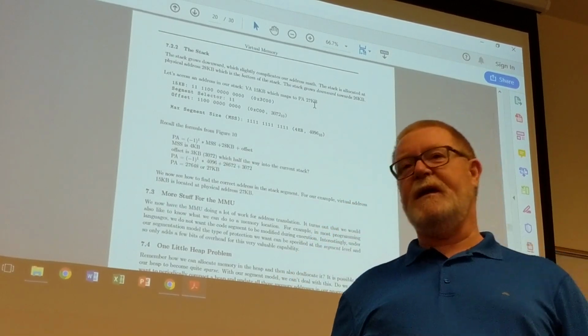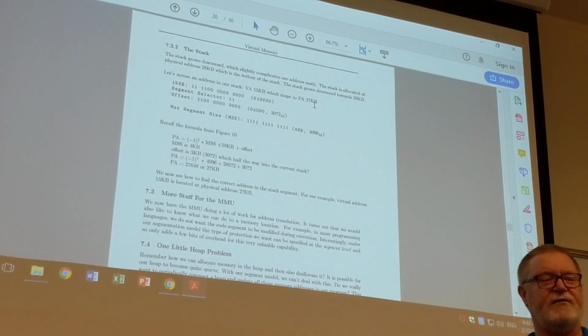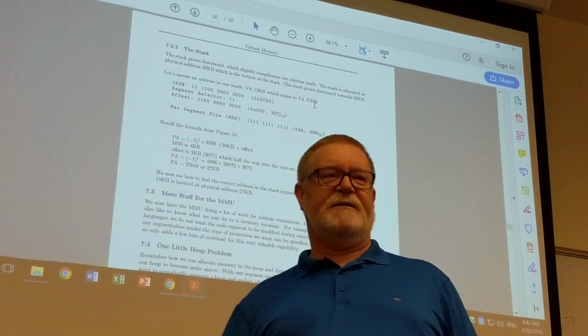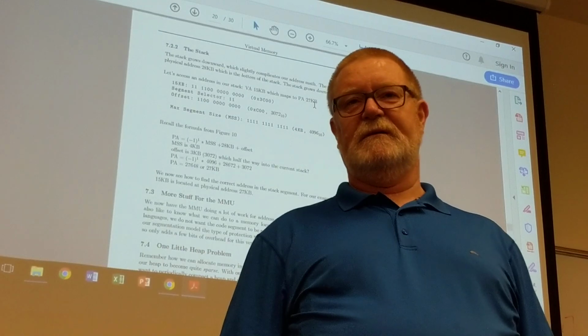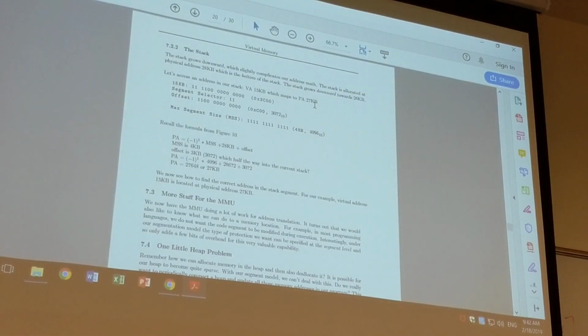All right? So it might be, we're 1,473 bytes into the stack. What's our offset? That gets kind of ugly. All right?